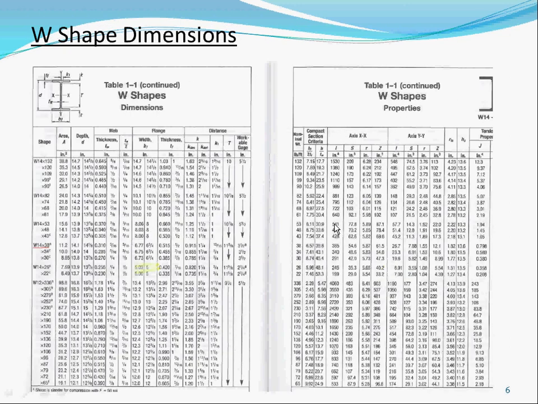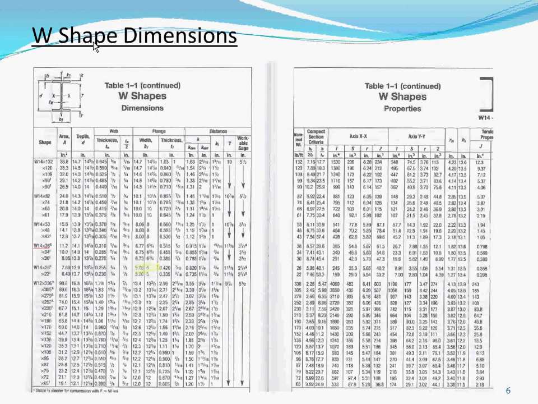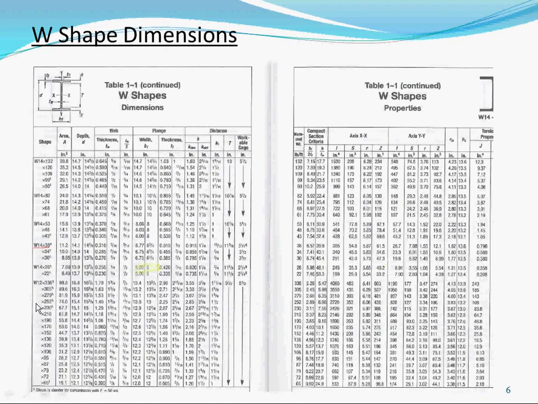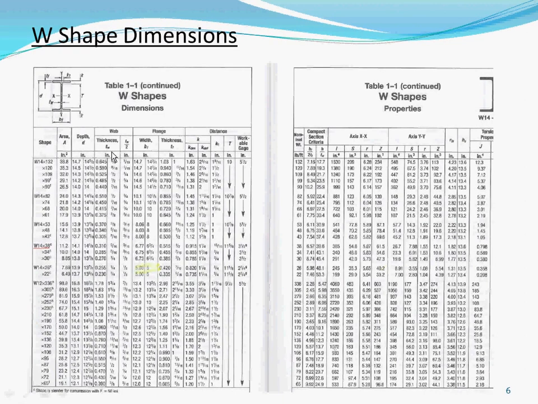The W shapes, I think you guys are somewhat familiar with it, and here's just a copy from the table. The table lists the shape designations first, increasing from the W12 or W10 all the way up to W36 or whatever it stops at. In each column after that you have the area and the depth, defined as this. The thickness of the web, that's the tw. tw divided by 2. The flange width.